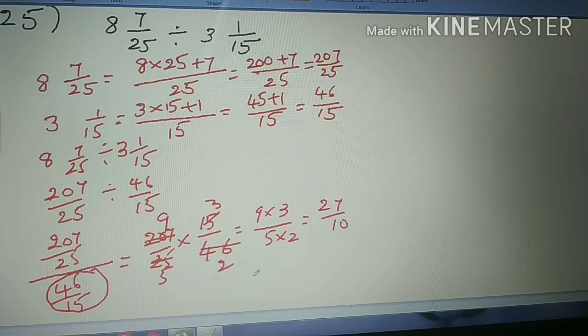Multiply this one, you get here. So I am doing here, 27 with 10. 10 twos 20, remainder 7. So your fraction will become a mixed fraction, 2 7 by 10.